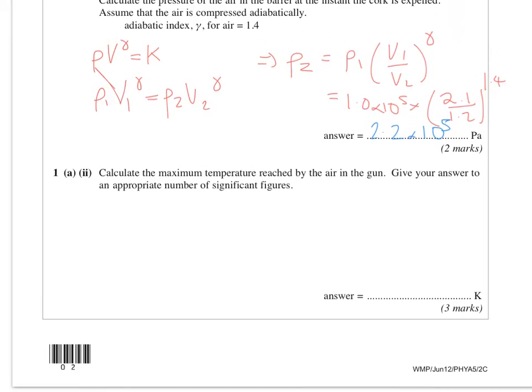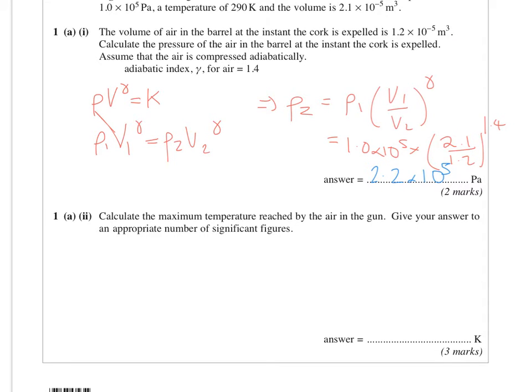Okay, so calculate the maximum temperature reached by the air in your gun, giving your answer to the correct number of significant figures. So in all processes where we have a constant mass, we have this expression which is derived from the ideal gas equation, and we want to calculate T2.